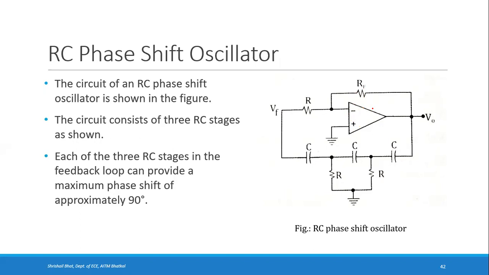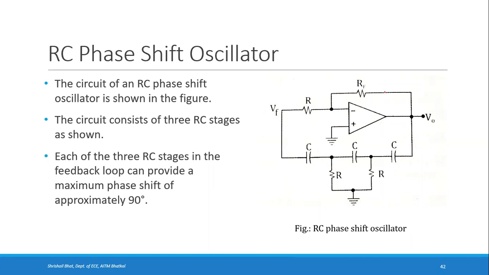What you can observe is, this is the amplifier stage, and below is the feedback stage. You have studied the circuit of an inverting amplifier. This is an inverting amplifier at the top, and an inverting amplifier provides a phase shift of 180 degrees. To the inverting terminal you are connecting an input; in place of the input, here you have Vf, the feedback, and there is a resistance R. Here there is a feedback path with RF.